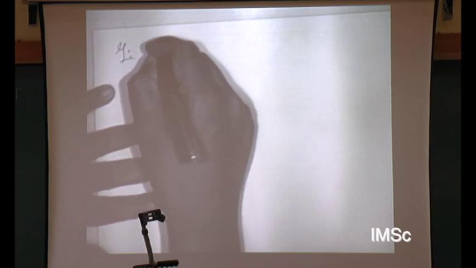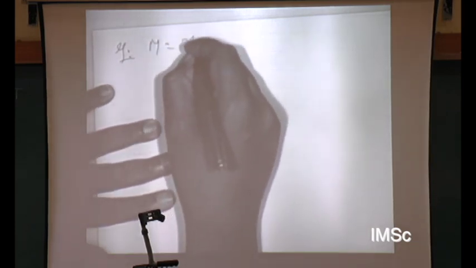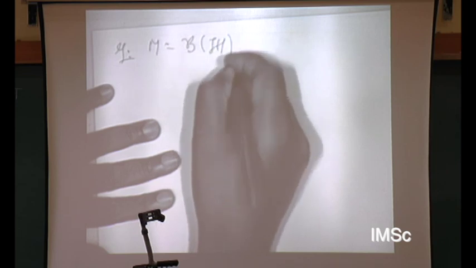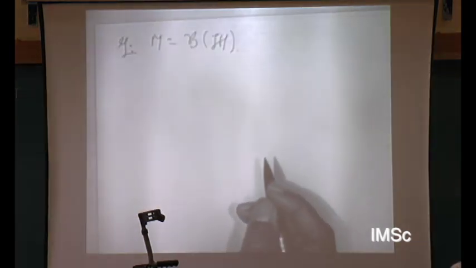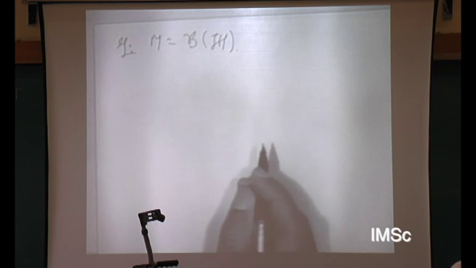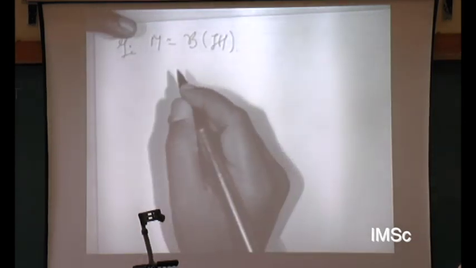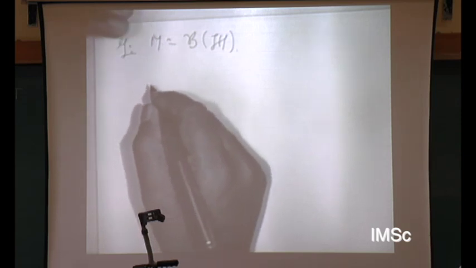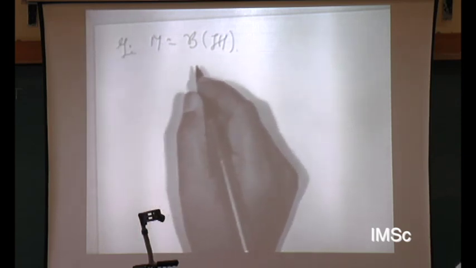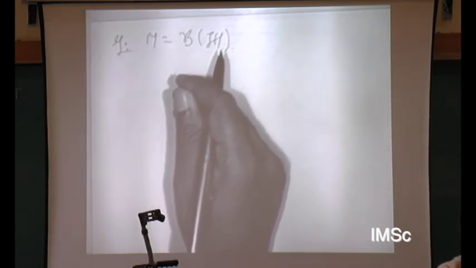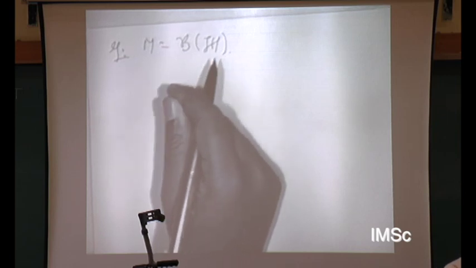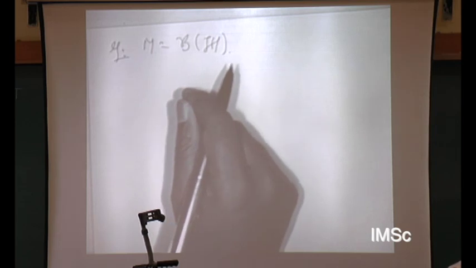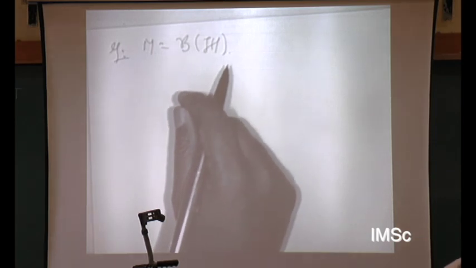I take M equals B(H). So notice that if you take a positive element, elements of M can be represented by matrices. H is always for us separable, so they are represented by countable matrices.